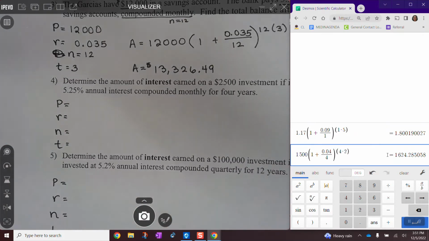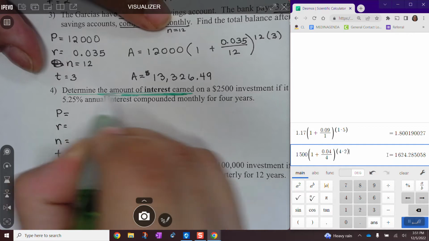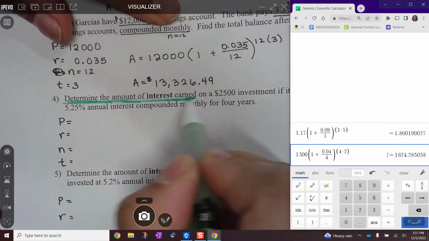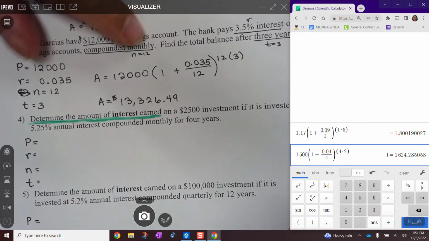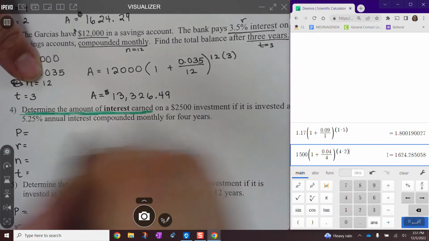All right, so this question is different because it wants to know the amount of interest that we made. It doesn't want the new balance. It wants to know how much money we made from how much we had at the beginning. Right, but we're still going to start off with the same formula. 2,500 is the investment.